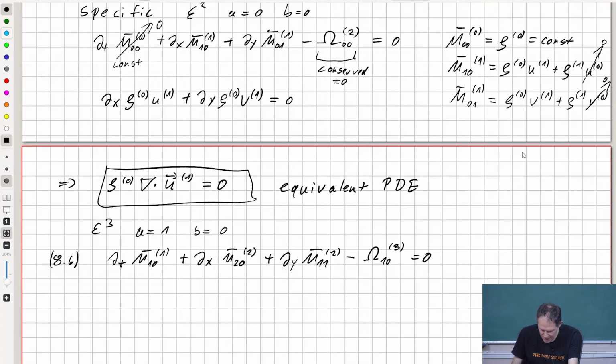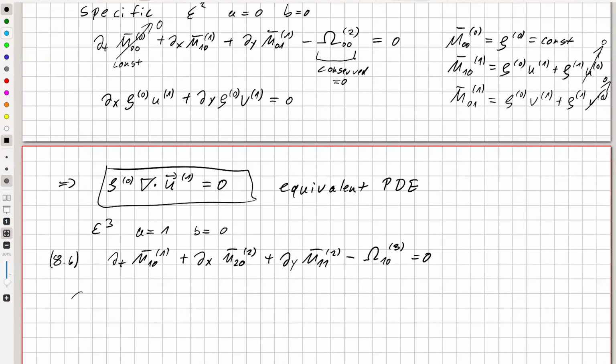So now at this point we are a little stuck, because we have to evaluate the second moments, and they require the calculation with the BGK collision operator.